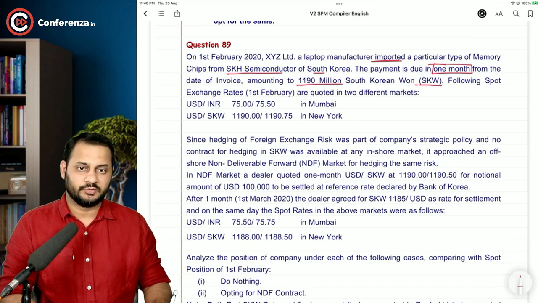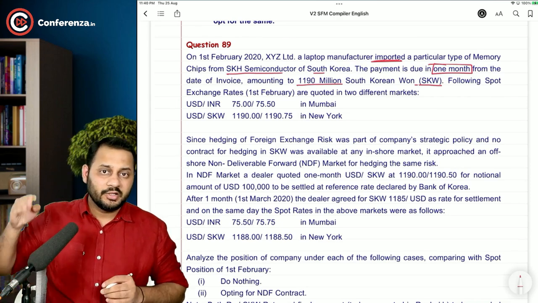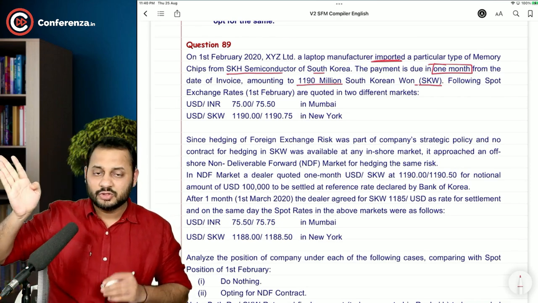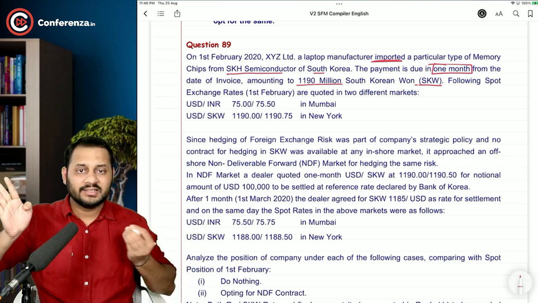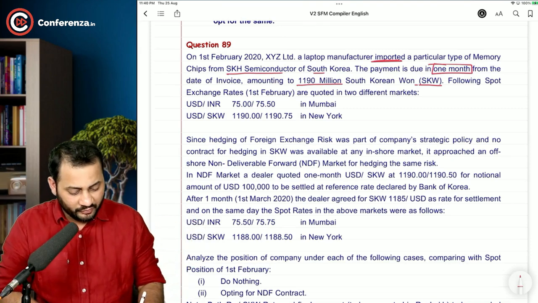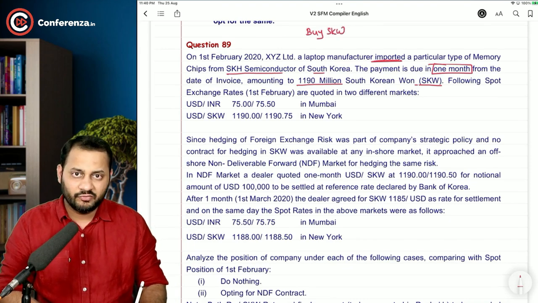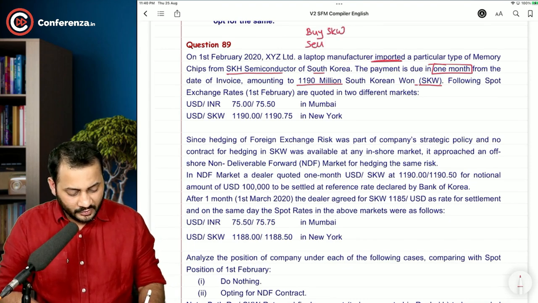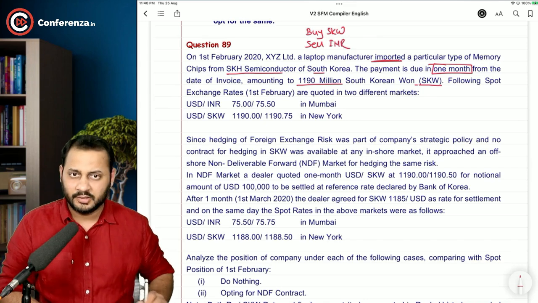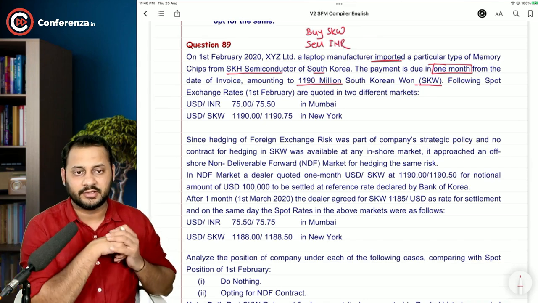This is the amount that you have to pay to the party after 1 month. So you need to buy SKW. What do you want to do after 1 month with the bank? You want to buy SKW 1190 from the bank and sell INR. Am I right? You want to sell INR in that case.